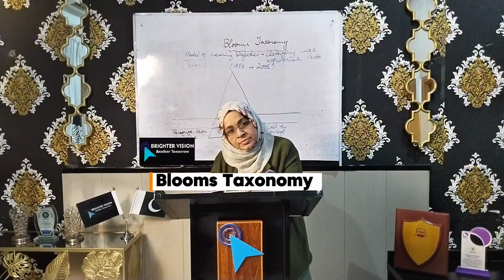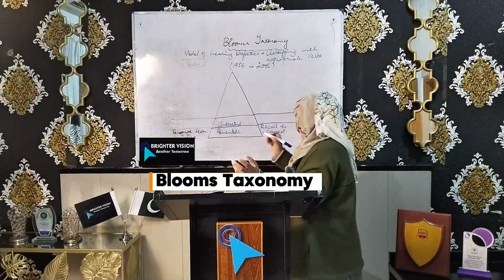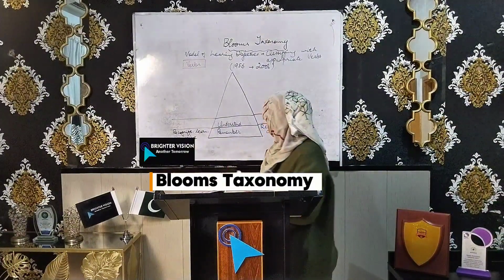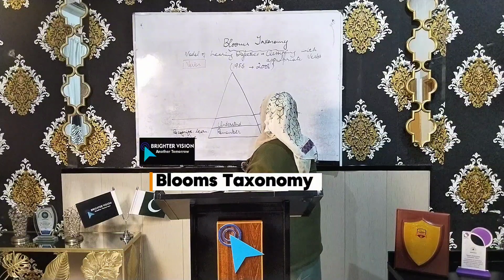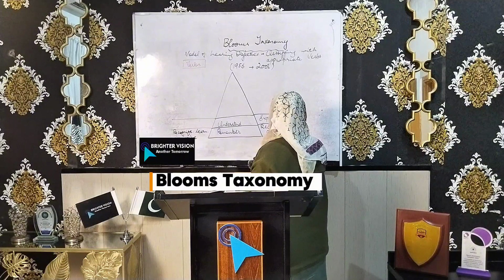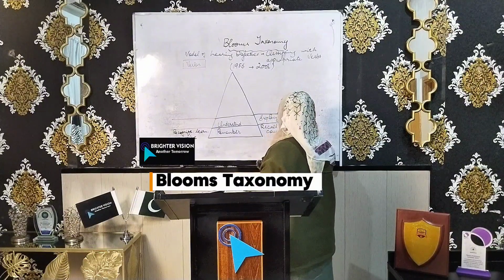Now in understanding, what he will do, he will be explaining the concepts, isn't it? Now how can he explain the concept? He will, sorry, I need to go with the blue here, explain the concept. Now how will he explain the concept?